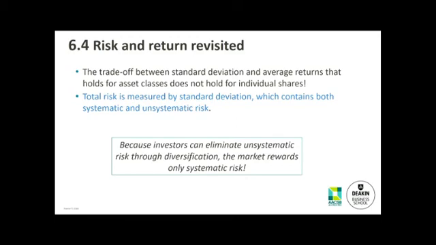But for individual shares, no. Because investors can eliminate unsystematic risk, the market only rewards systematic risk. Only systematic risk is a good risk, and only good risk gives you return. High good risk, high return. High systematic risk, high return.